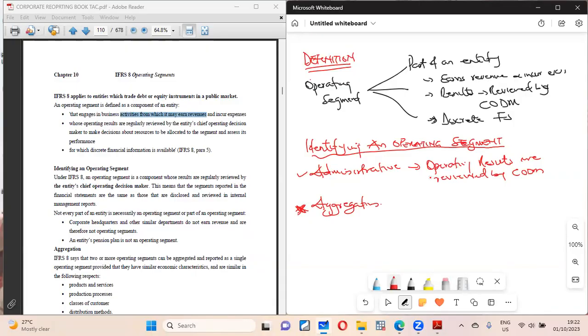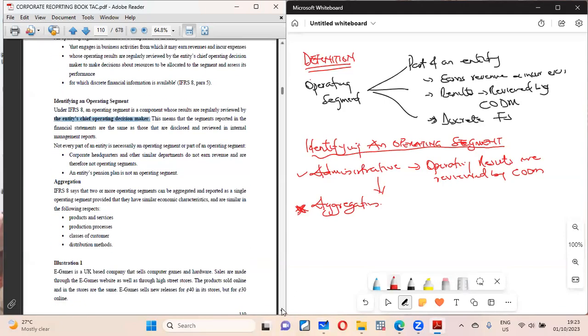The second one will rather be the quantitative threshold, which we will come to. If your financial statements are reviewed by a chief operating decision maker, then that's fine. Then under that, we talk about aggregation.